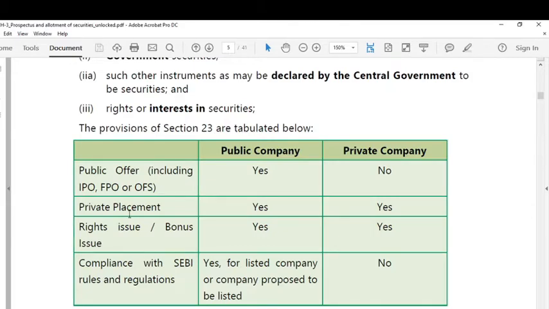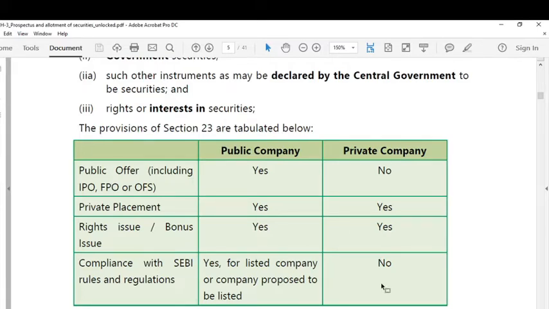Here is another simple diagram that also explains the same topic. This tabulation says what can be issued in the case of a public company, and what can be issued in the case of a private company.